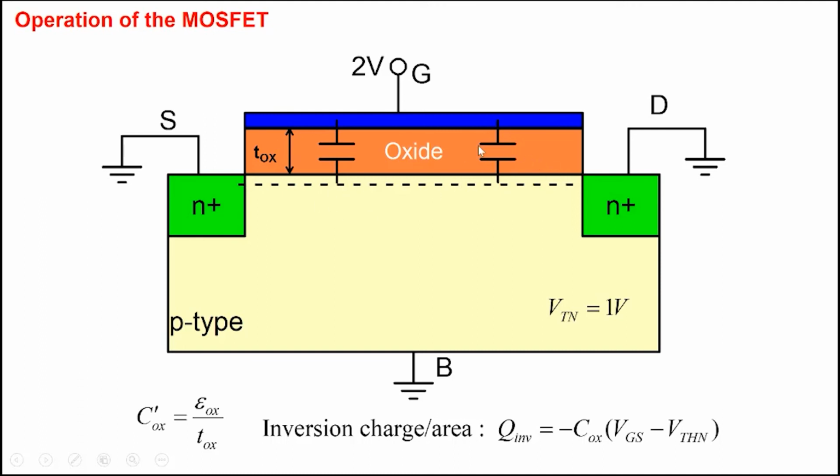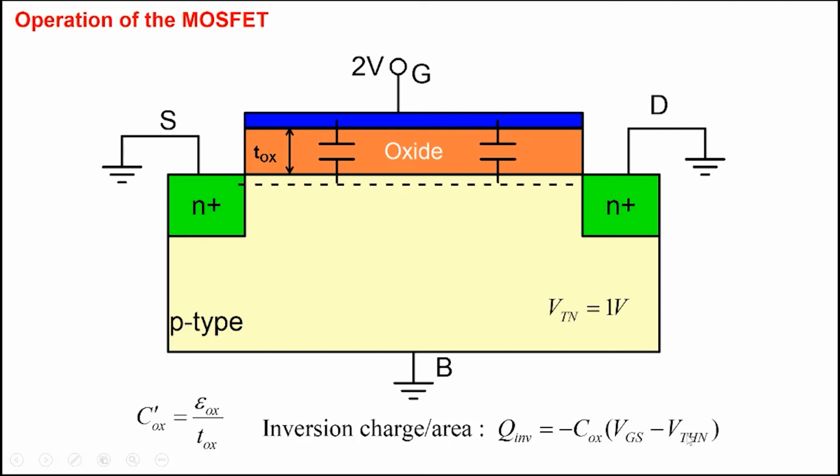And so how much inversion charge is there will be equal to the oxide capacitance. This is capacitance per unit area, and this is the inversion charge per unit area. So oxide capacitance multiplied by VGS minus VTHN. Why VTHN? Because it's only when the gate voltage exceeds VTHN that we get this inversion layer here.